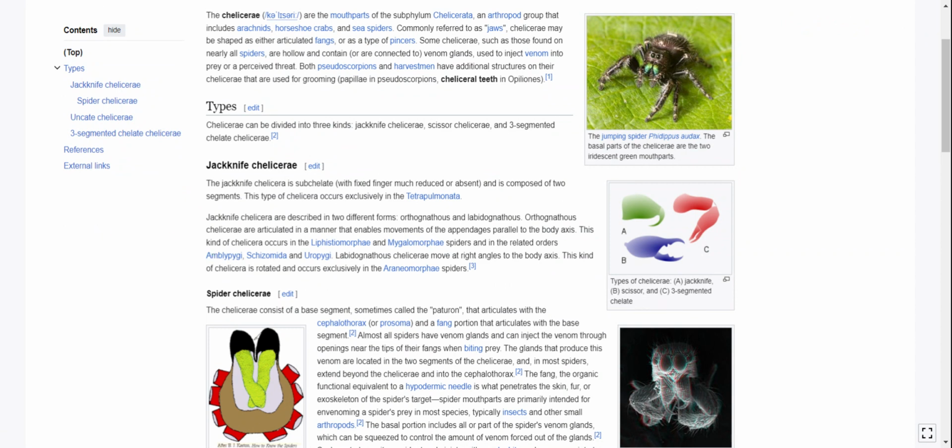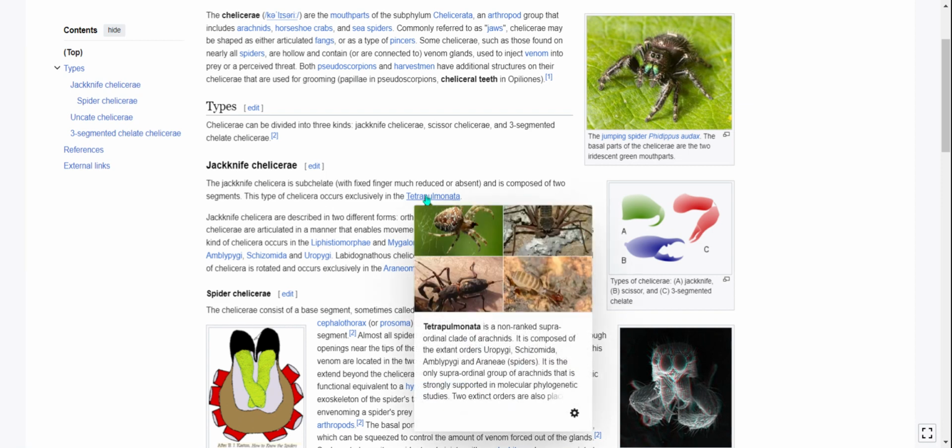This type of chelicera occurs exclusively in the tetrapulmonata, and that is these guys. Tetrapulmonata is a non-ranked supraordinal clade of arachnids.